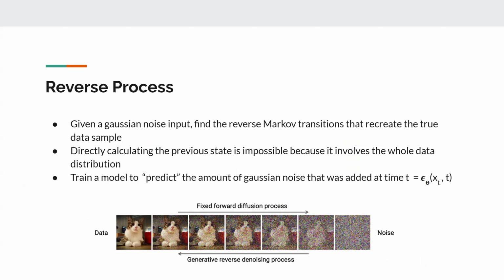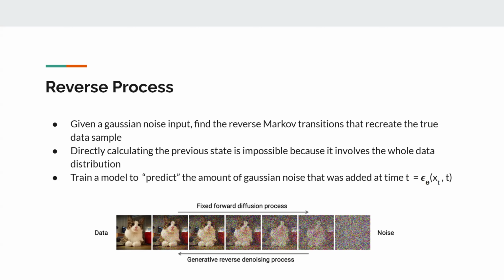Actually, because this is all probability formulas from Gaussian, there's a derivation where you can actually calculate every single transition, but that's a very computationally expensive, so no one actually does that.